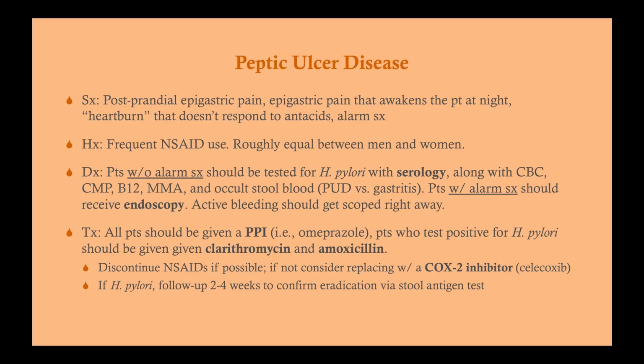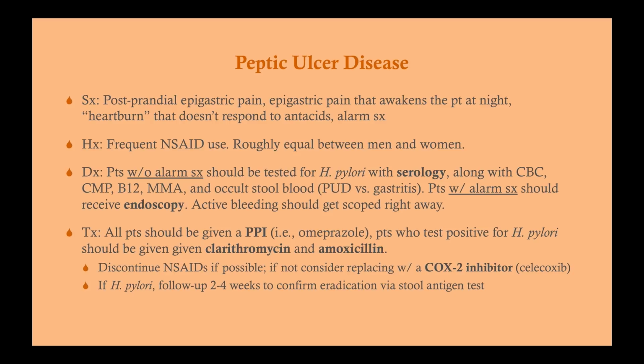If they're H. pylori negative and you still suspect peptic ulcer disease, then you're only going to give them a proton pump inhibitor. Obviously, we don't treat them with antibiotics if they don't have H. pylori. You should consider discontinuing NSAIDs if possible. If it's not possible, you should consider replacing with a COX-2 inhibitor, but remember there are contraindications for that.